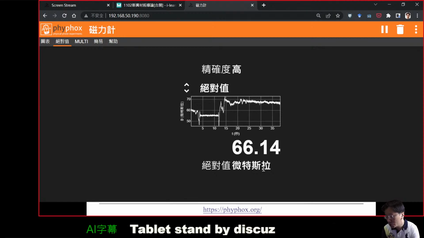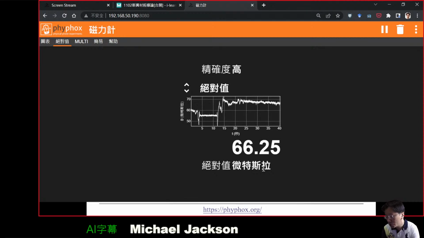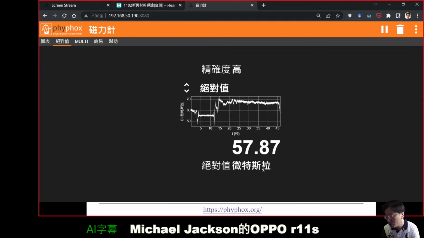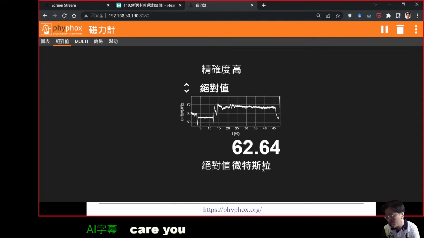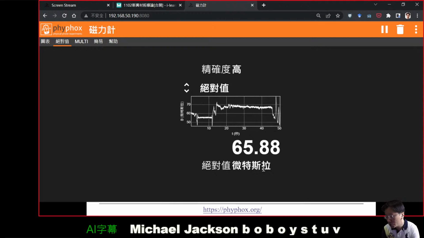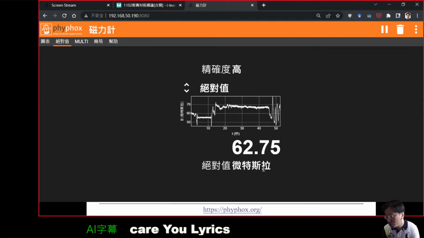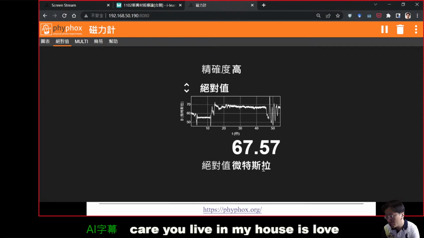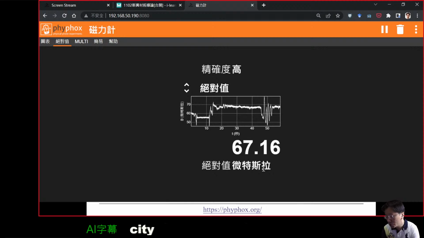So it tells you the magnetic field of the Earth in my house is about 67 microtesla.